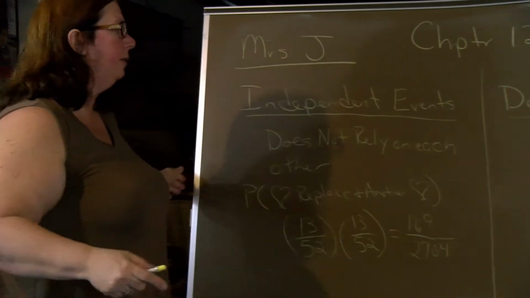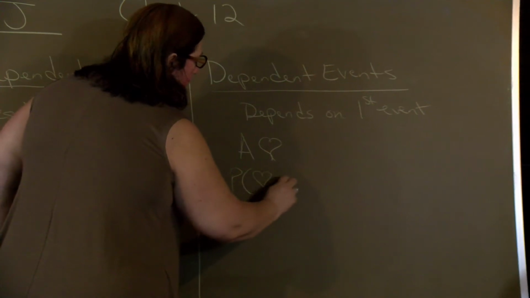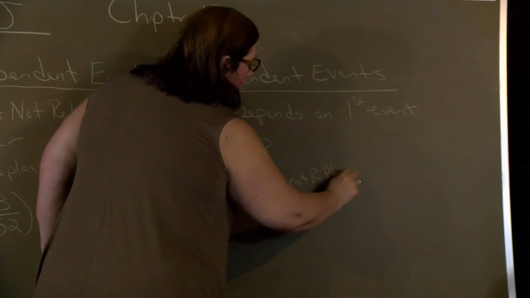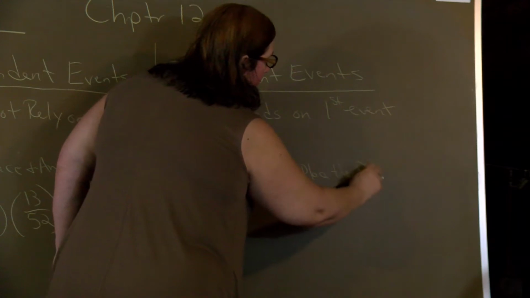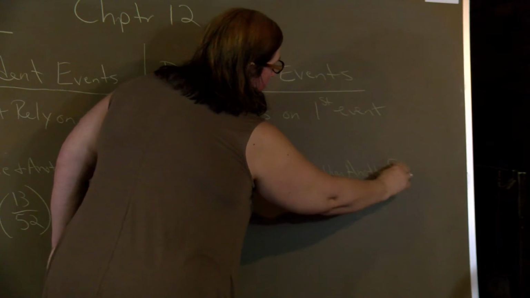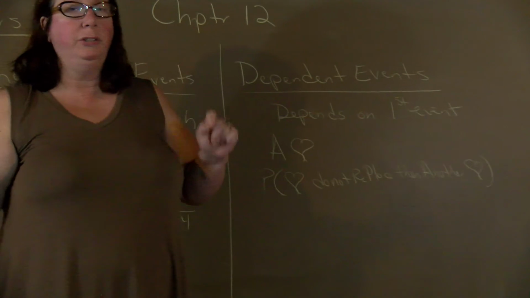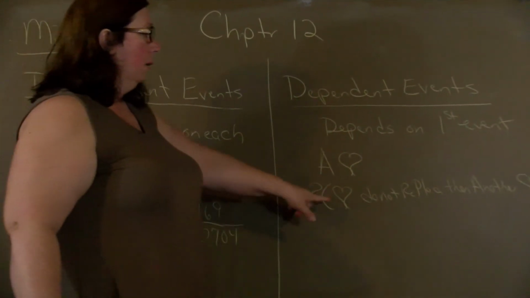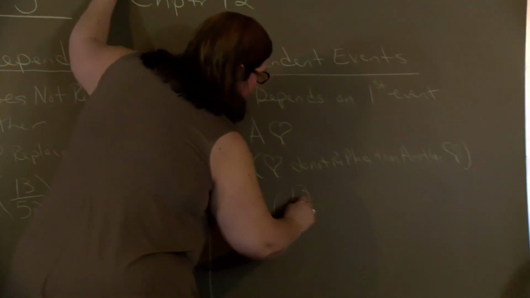Whereas in the other case, we find the probability of a heart, do not replace it, and then find the probability of another heart. If we pull a heart from a deck of cards, don't replace it, and then pull another one, what's the probability? We already know the probability of the first heart is 13 out of the 52.